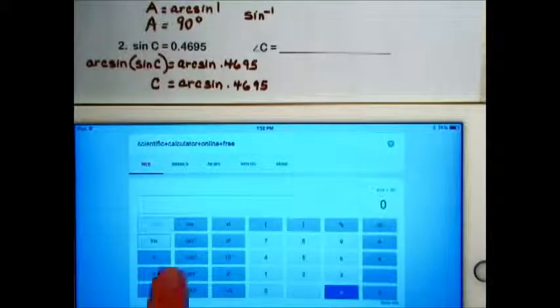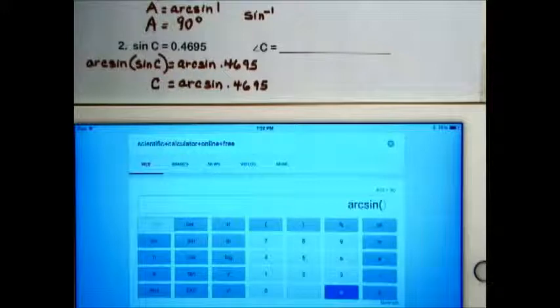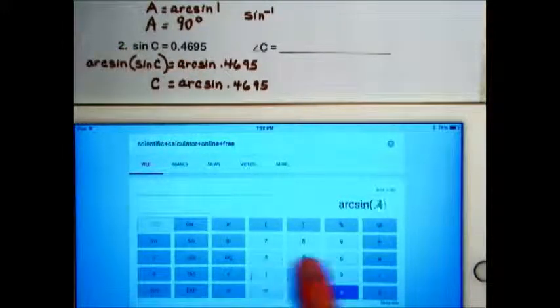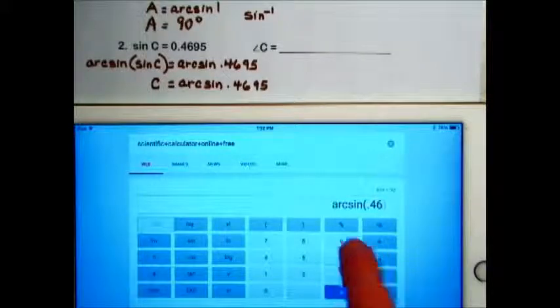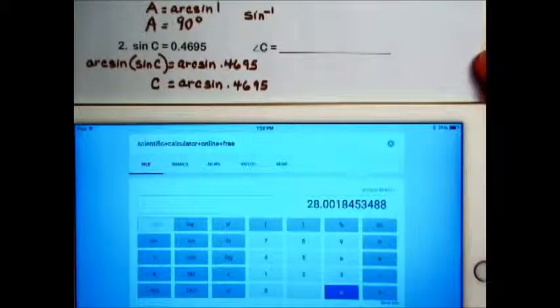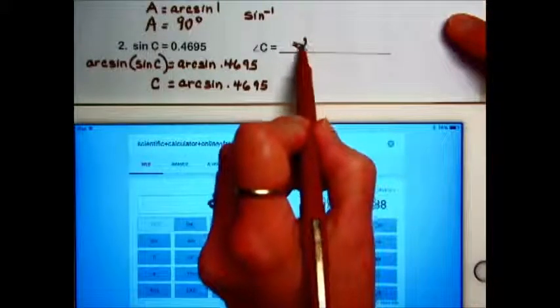So I will tap that key, which in the display is showing me arc sine. Then I will enter that ratio, 0.4695, and tap the equals. Rounding this to the nearest tenth, we will say that angle C has a measure of 28 degrees.